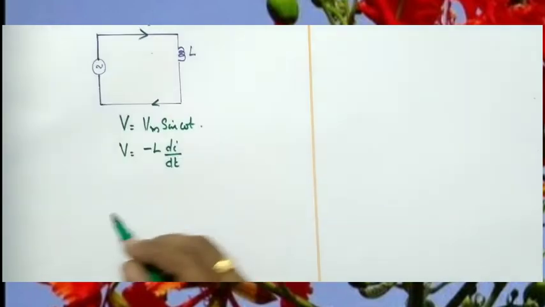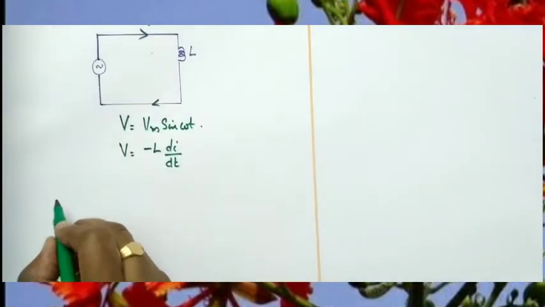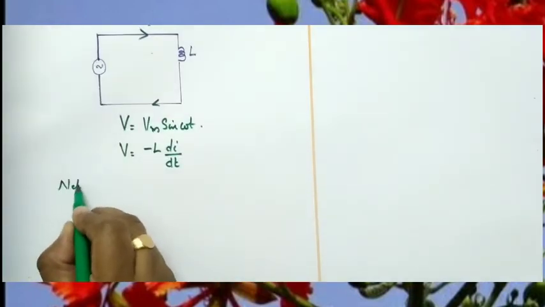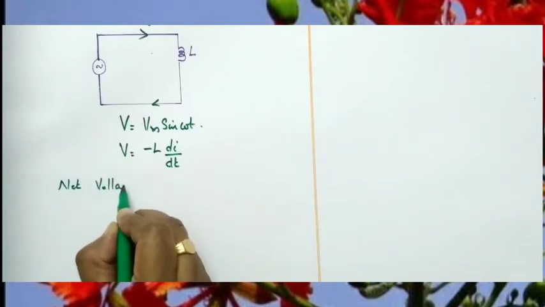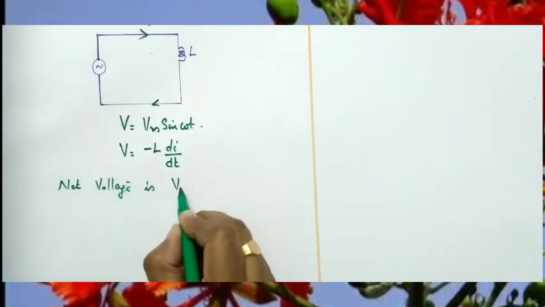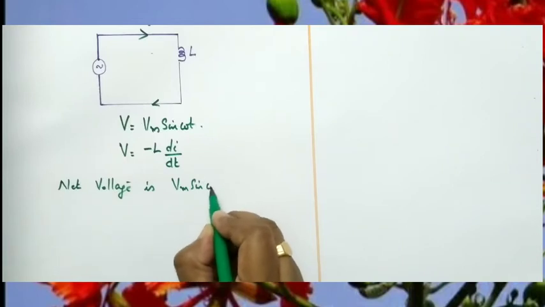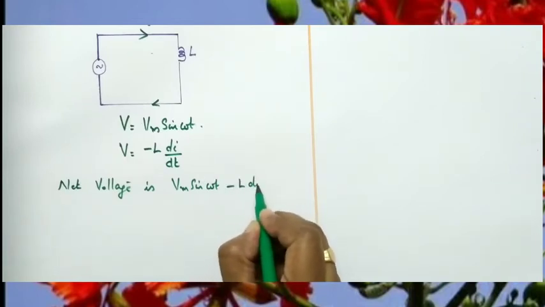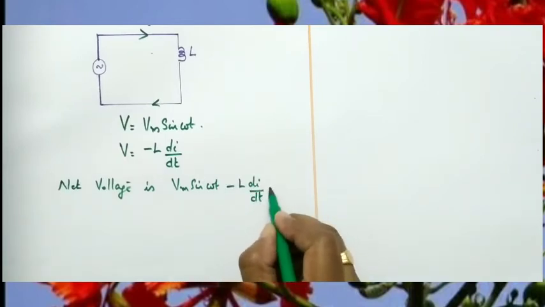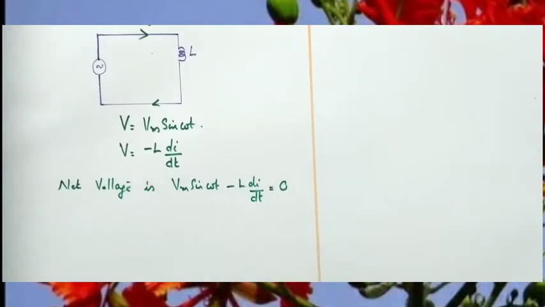Therefore, the net instantaneous EMF or net voltage can be written as Vm sin omega t minus L into di divided by dt equal to 0.